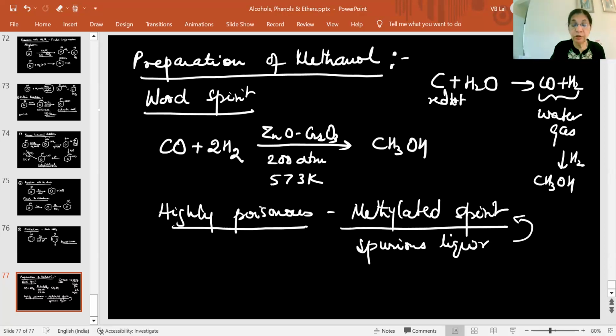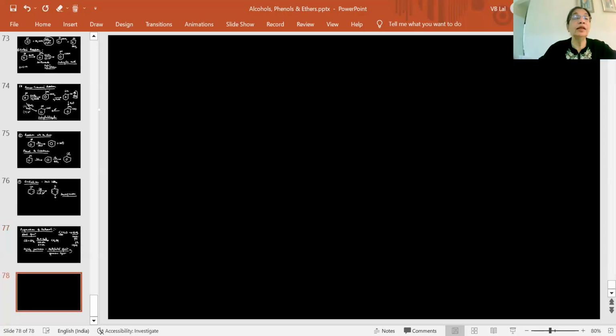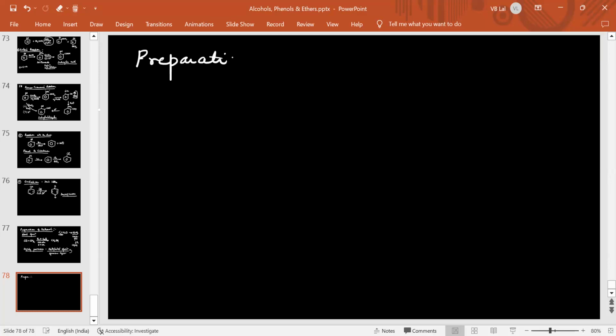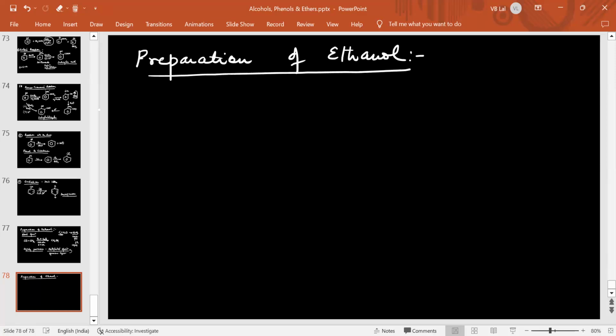So that is preparation of methanol. Then the next is preparation of ethanol. Yes, tell me. If they ask the questions, preparation of methanol and preparation of ethanol in the exam, is it necessary that you should use only this? Can't we use common sense? No, you can. They never ask just to write the preparation of methanol. They always say, how will you prepare methanol?